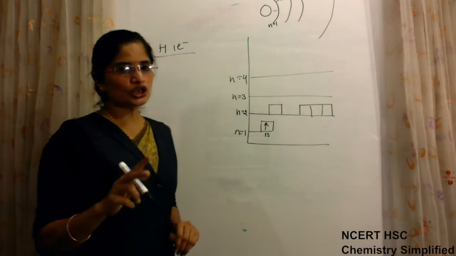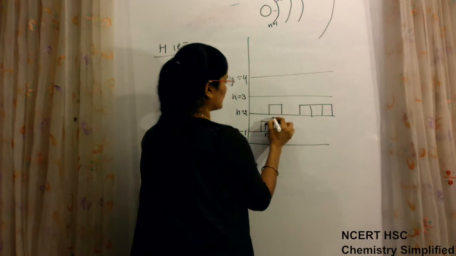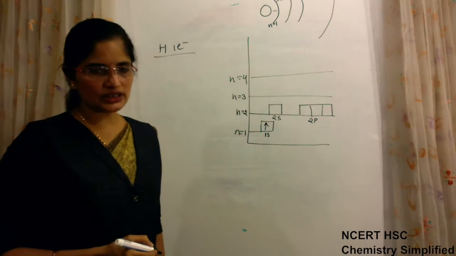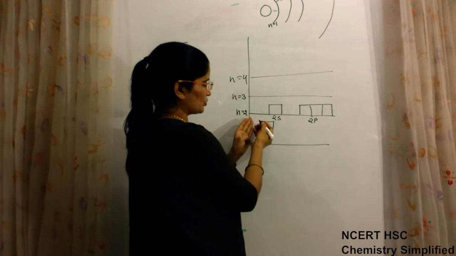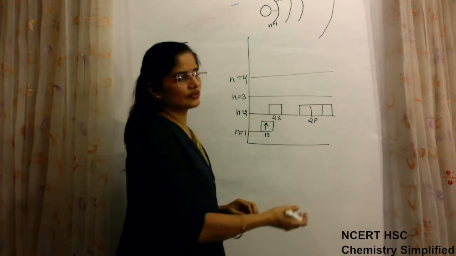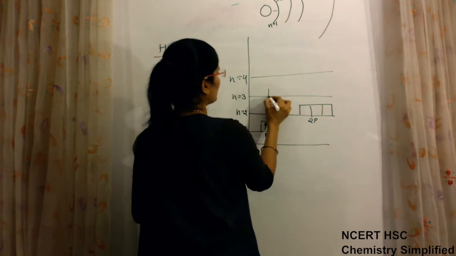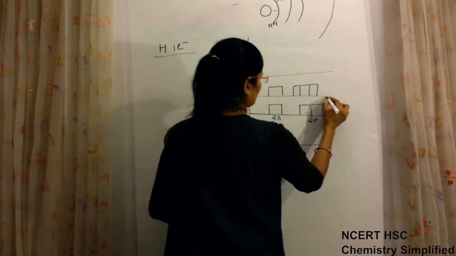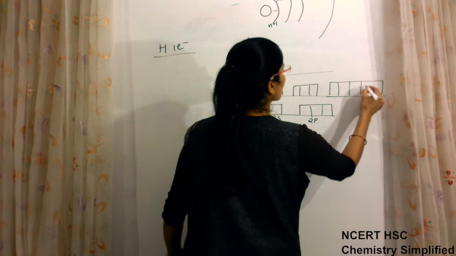In n equals 2 there will be 2 subshells, that is 2s and 2p. These 2 subshells will be present for the hydrogen atom in n equals 2, but there are no electrons to be filled here. Now the third shell will have 3s, 3p, and 3d.